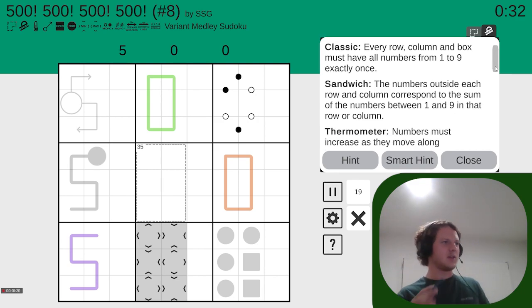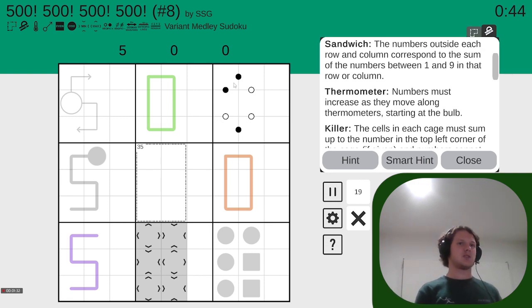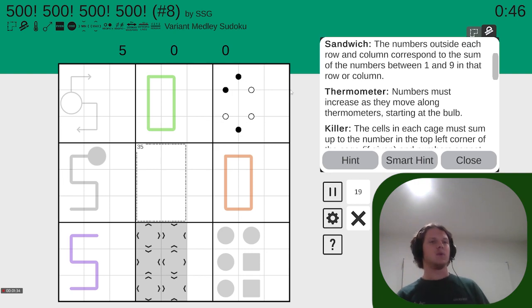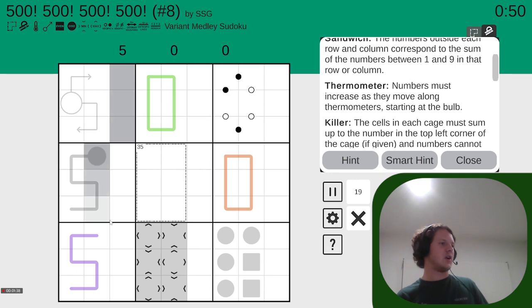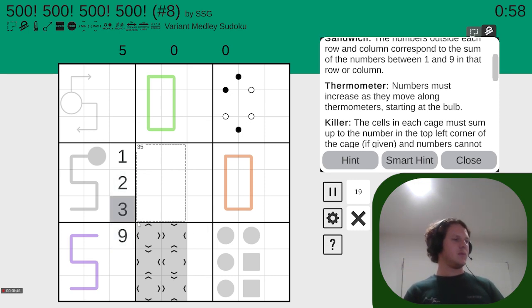Classic Sudoku, I'm just not going to mention it anymore. The sandwich Sudoku, which we did in number 5 and number 7, where the numbers outside each row and column must correspond to the sum of the numbers between the 1 and 9 in that row or column. So let's say for this 5, the numbers in between the 1 and 9 must sum to 5, which in this case would be a 2 and a 3.